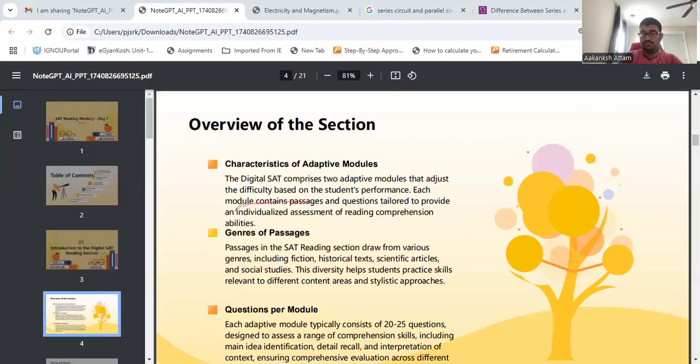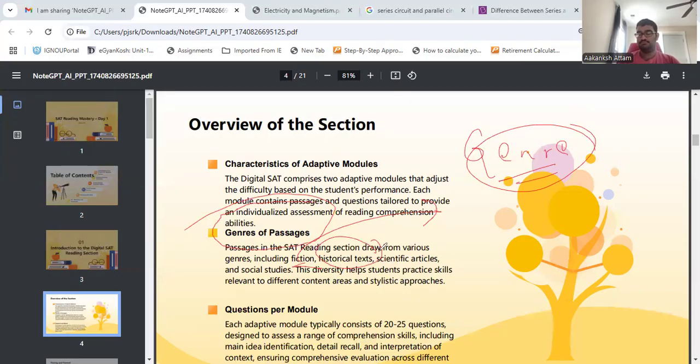Genres of passages. What do you mean by genre? Have you ever come across the term genre? Like the topic of the passage, like non-fiction and fiction. Okay. Passages in the SAT reading section draw from various genres, including fiction, which is not real, which is imaginary, historical texts.